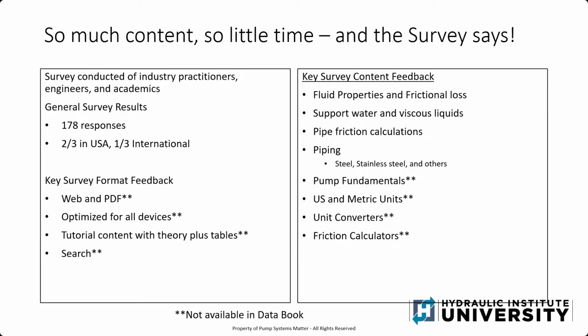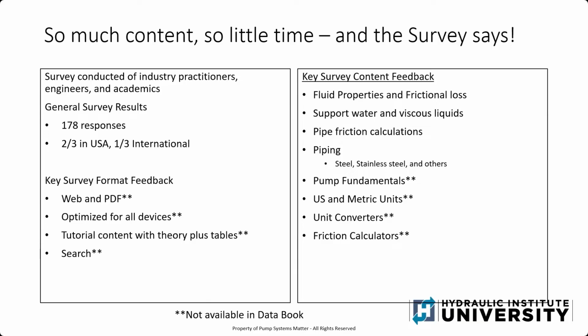And the last 4 bullet points, you'll note, was really content that could be supported by the data book, but was not necessarily included in it because you can't really have calculators in a hard copy version.